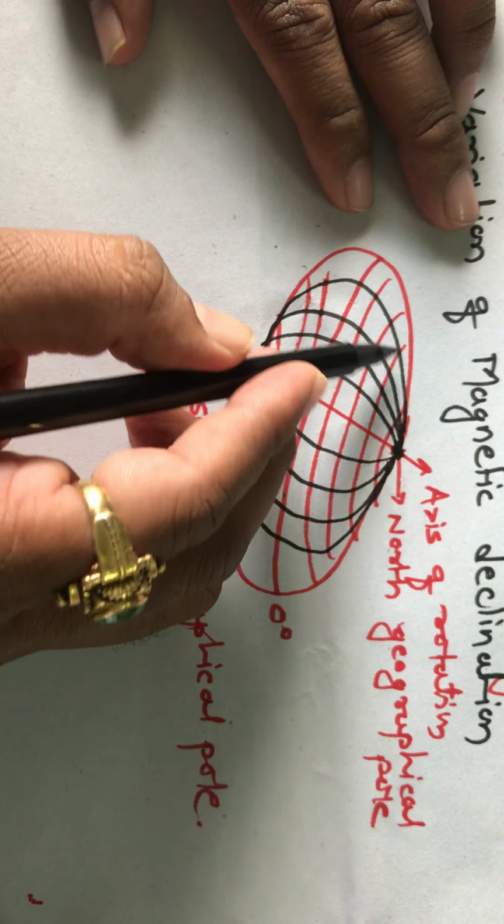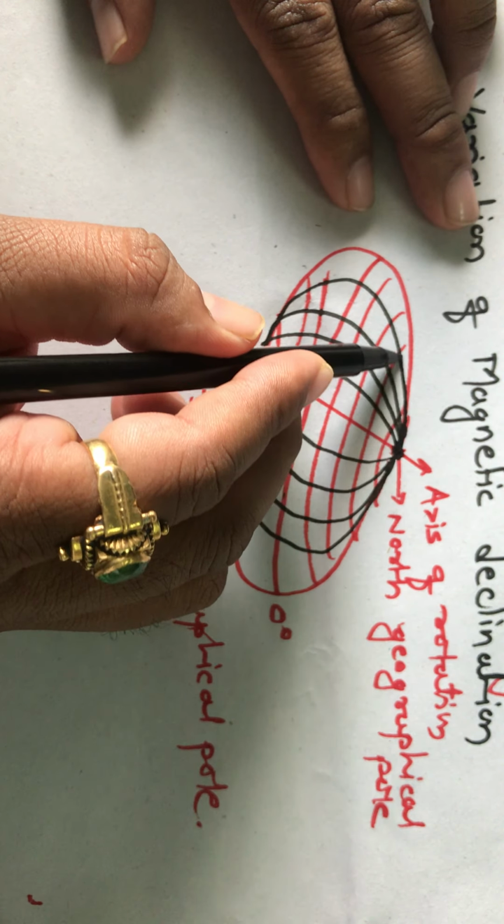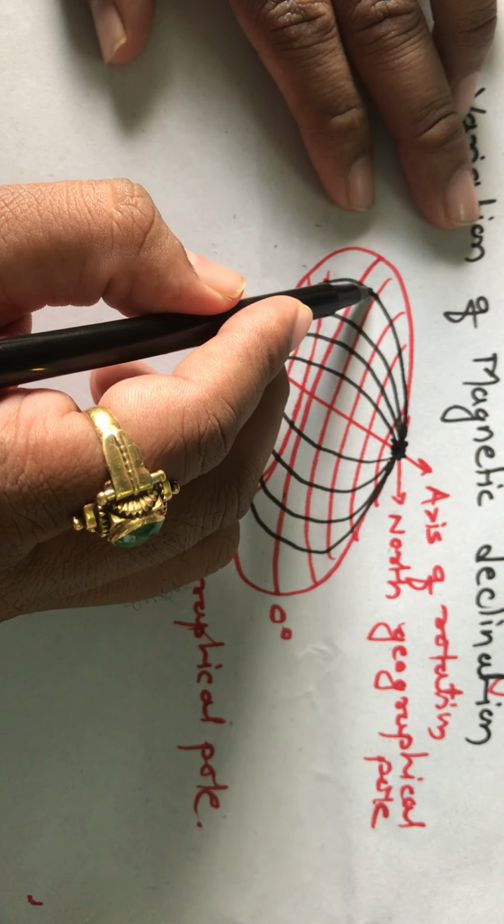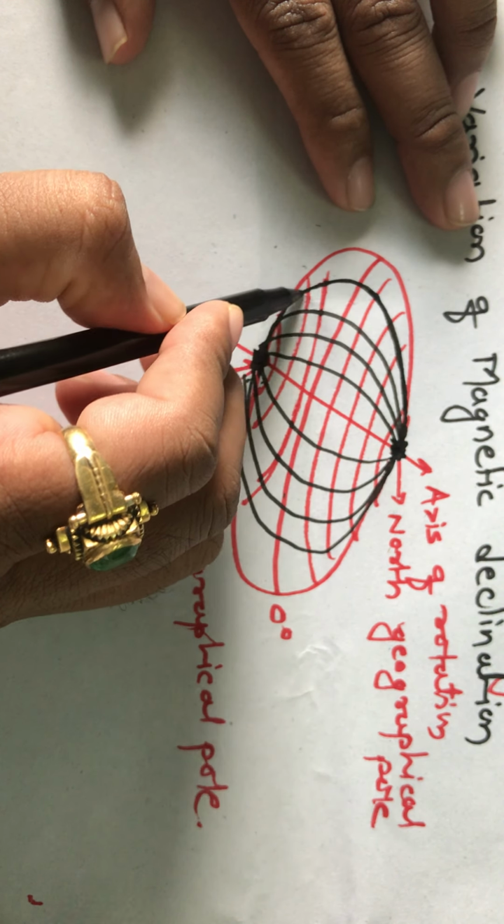So in the black lines, the line which is passing through the north and south poles is called the true meridian.